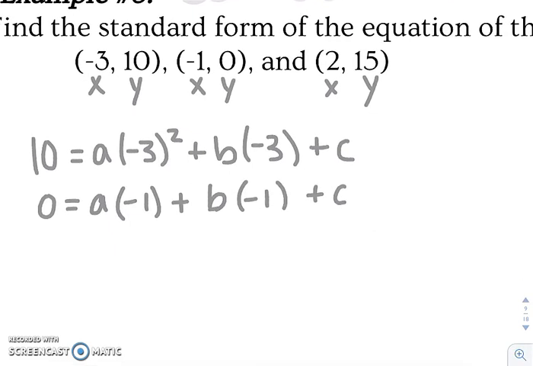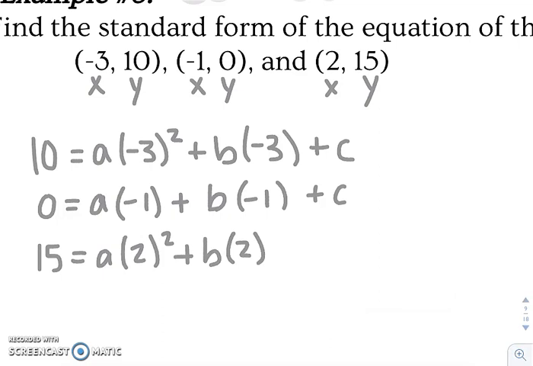And your third equation will be 15 equals a times 2 squared plus b times 2 plus c. And then what we'll do is just simplify these, and instead of x, y, and z, we just have a, b, c. So, -3 squared would be 9, -1 squared would be 1, and 2 squared would be 4.